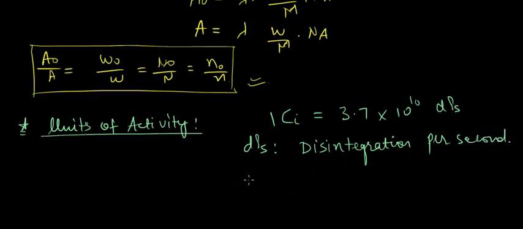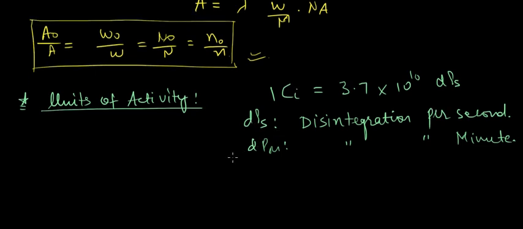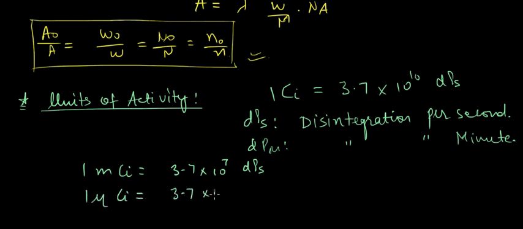Similarly we can write dpm as disintegration per minute. So we can write that 1 milli Ci would be equal to 3.7 into 10 raised to power 7 dps, and 1 micro Ci can be written as 3.7 into 10 raised to power 4 dps.